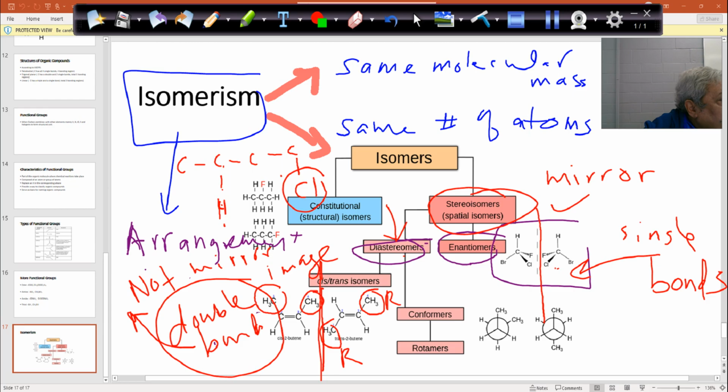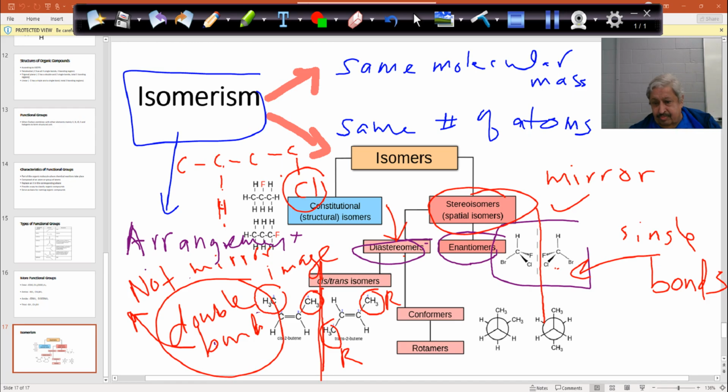So 1-chlorobutane and 2-chlorobutane are almost identical in molecular mass. However, the physical and chemical properties might differ a little bit. Not the same compound. So the isomers, because of the arrangement of the atoms in space, give rise to a problem for us because they will change their physical and chemical properties a little bit. Not always the same.